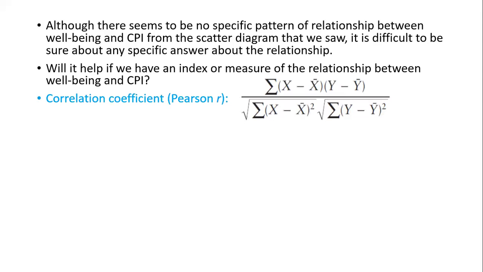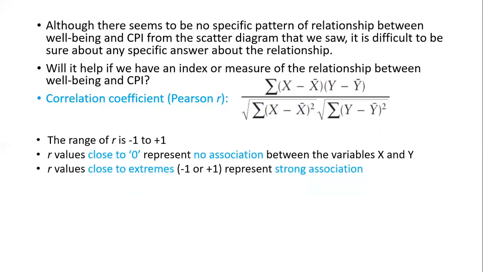The denominator consists of the formula that resembles variance, the variance of x and variance of y, square rooted and multiplied. So that's the formula for finding the correlation coefficient. It involves the covariance as well as the variances of the two different variables.